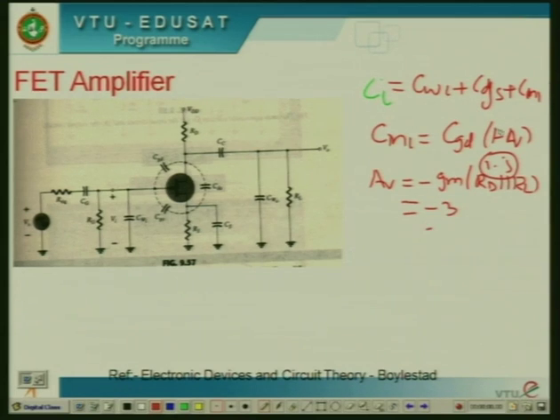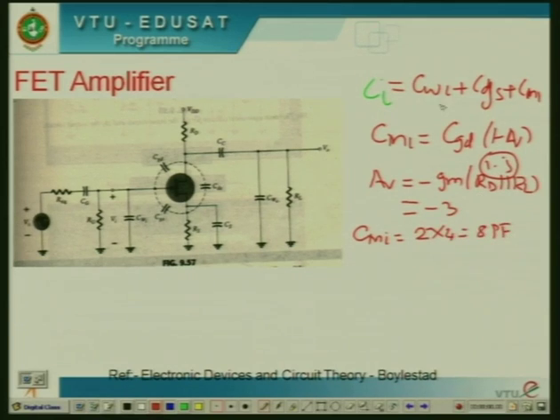If you substitute this minus 3 into this expression, then Cmi is equal to, where Cgd is given as 2 picofarad, 2 into 3 plus 1, you get 4, so you get 8 picofarad.